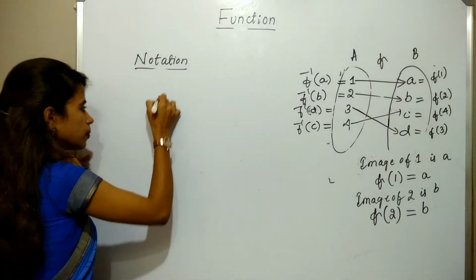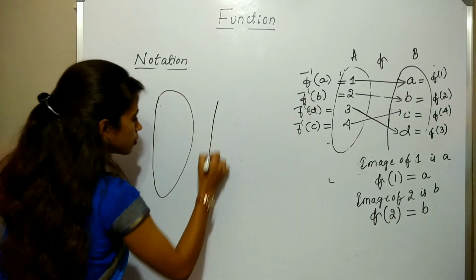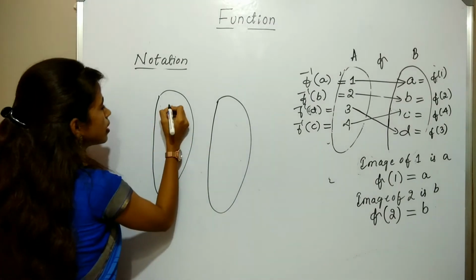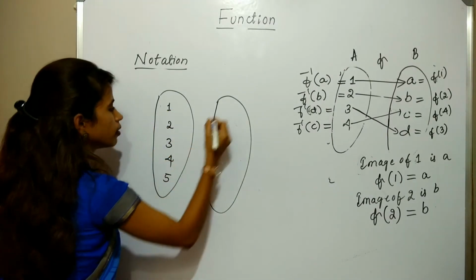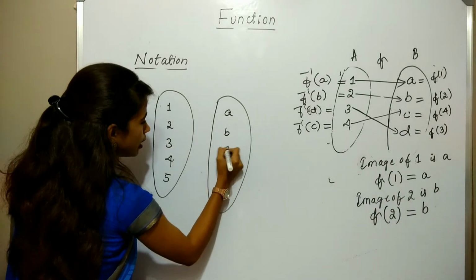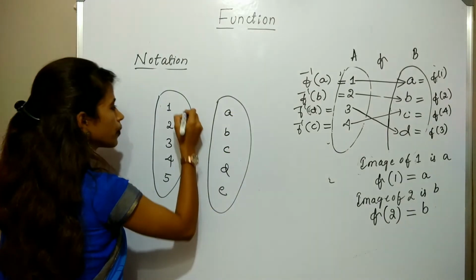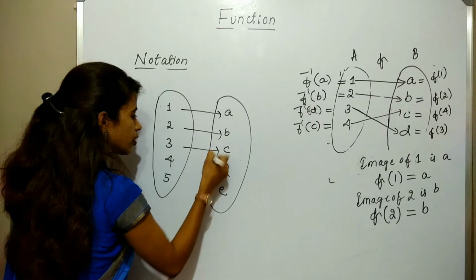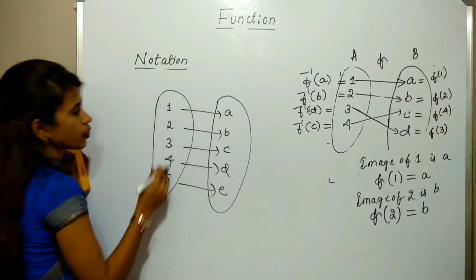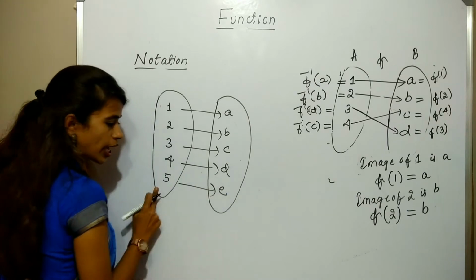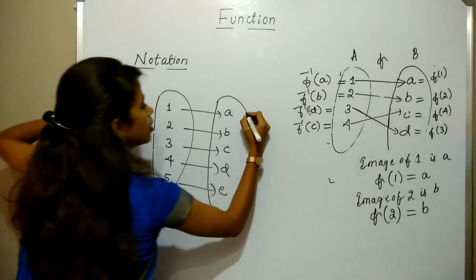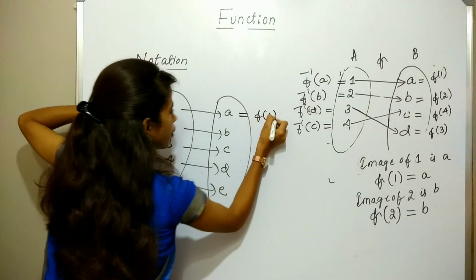So that is, if I take say 1, 2, 3, 4, 5, and here A, B, C, D, E. 1 maps to A, 2 maps to B, 3 maps to C, 4 maps to D, 5 maps to E. It means A is equal to f of 1.